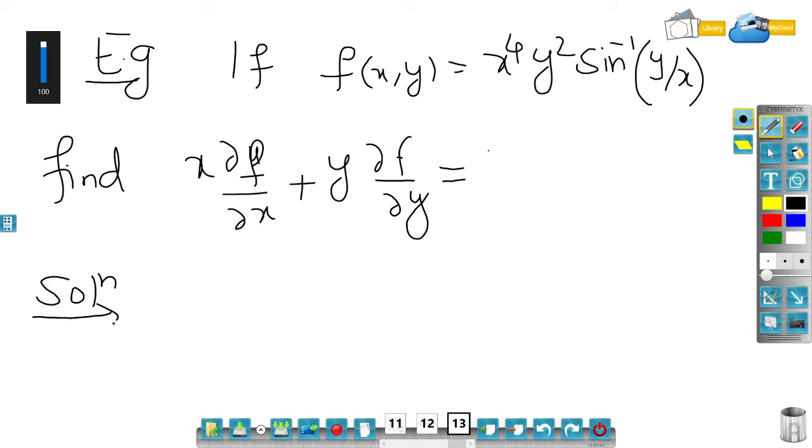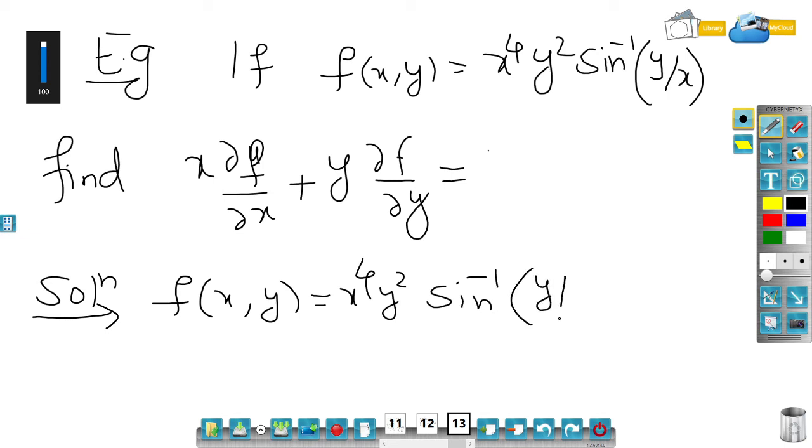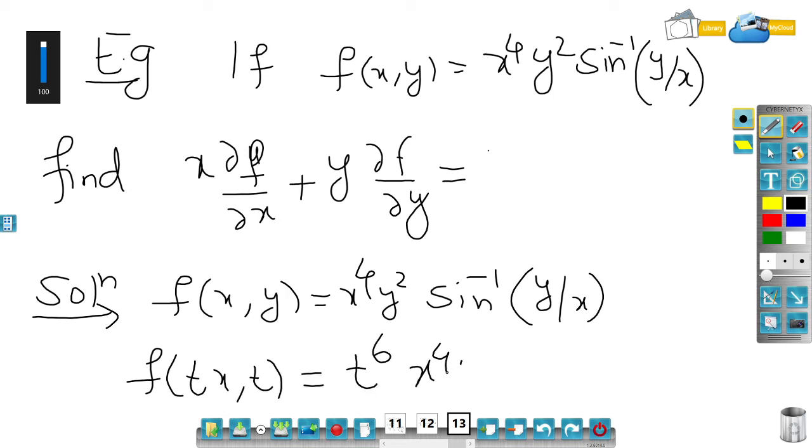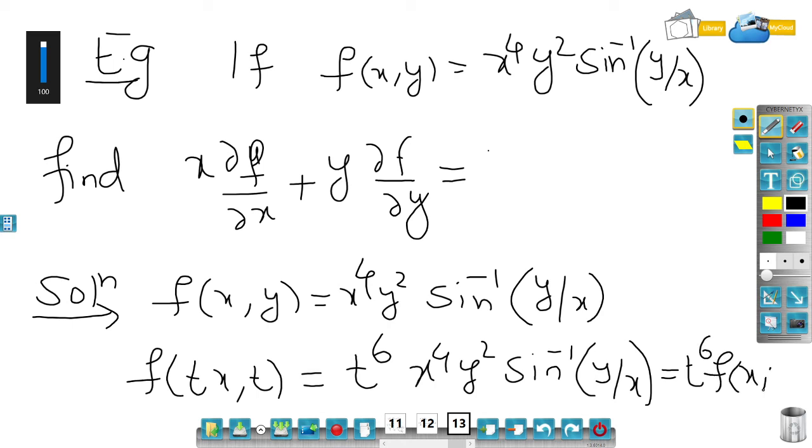So solution: my f of x comma y is equal to x raised to 4 y square sine inverse y upon x. So what is f of tx ty? You could see that it is t raised to 6 x raised to 4 y square sine inverse of y upon x. So tx upon ty, but t and t will get cancelled, so it is sine inverse y by x, and this is the same as t raised to 6 f of x comma y.